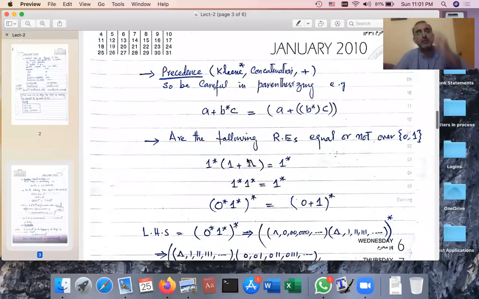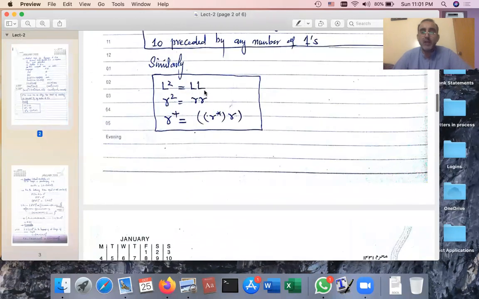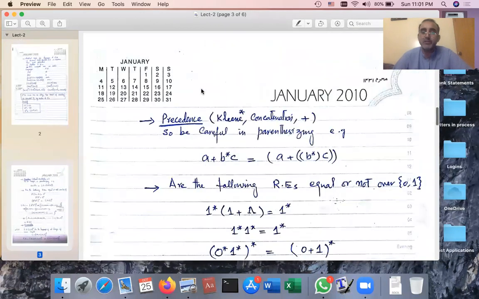Now move on. Precedence. Now we are studying regular languages and regular expressions, but there is another subtopic that is called precedence. Up to now, we have seen Kleene star. We have also seen the concept of concatenation, like this one, L1 and L1. This is concatenation.